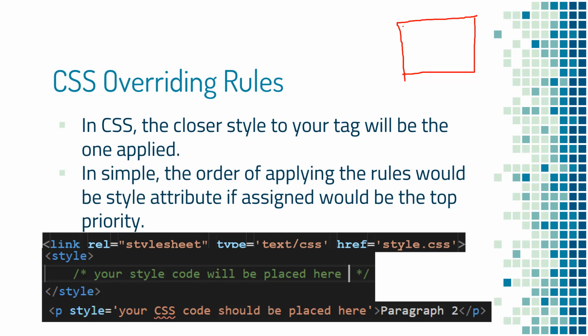When it comes to the rendering engine, it will read it line by line, this way. Since these two, the link and the style, will be in the head section, that means they will be rendered before arriving at the body, right?